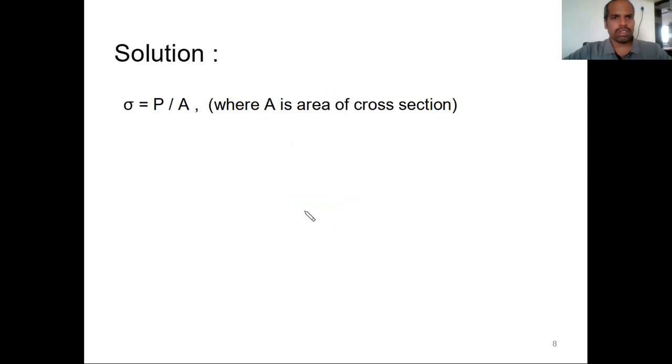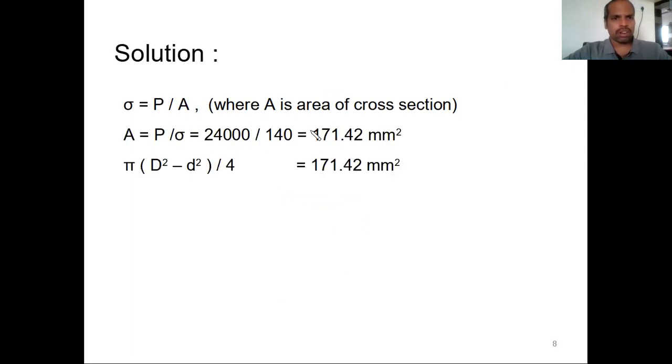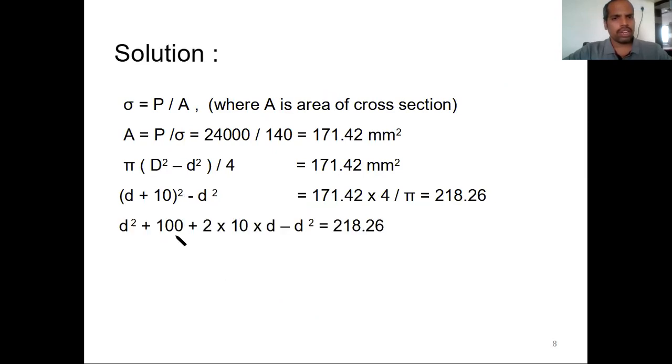Now let us see the solution. Where A is the area of cross section, A is equal to P by sigma, so we got the area. Now equate it to the area of this hollow circular section. From this, substitute capital D is equal to d plus 10, whole square. Now simplify the equation. Of course, the d square terms get cancelled, only the unknown d remains, so directly we get the d value.